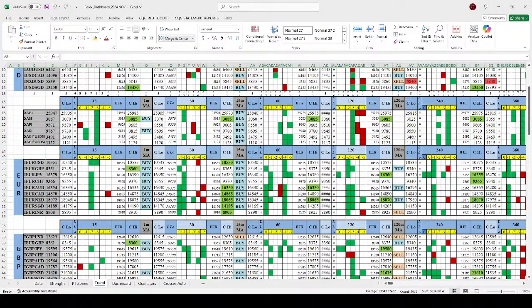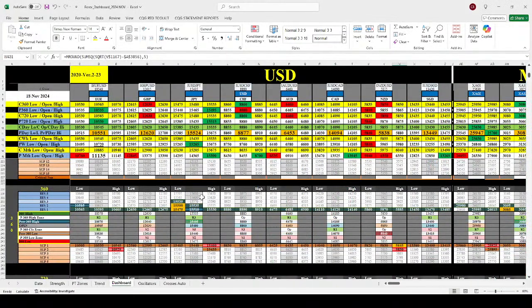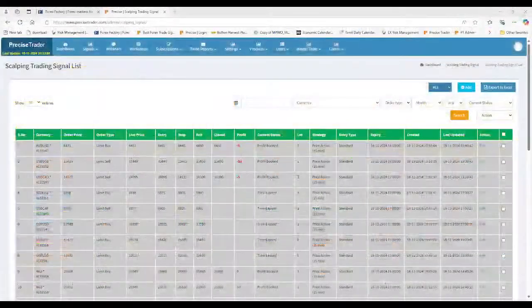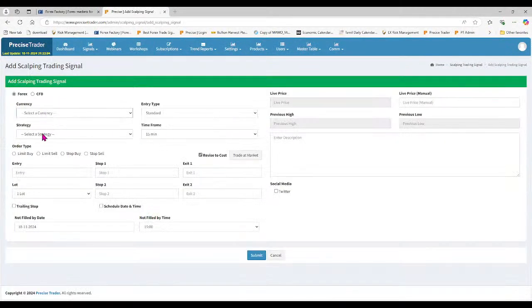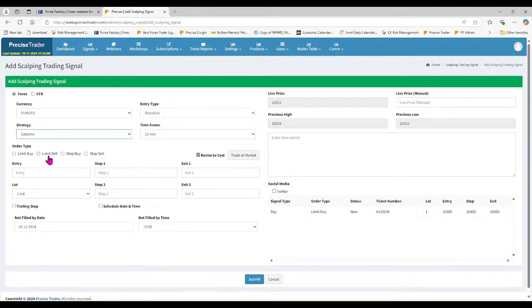So euro dollar, I think we've got to re-enter again. We'll try to buy at 35 and exit at 75 or 80. So for this euro dollar, we are putting back the order.